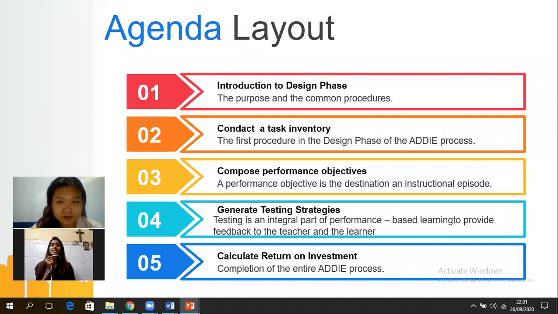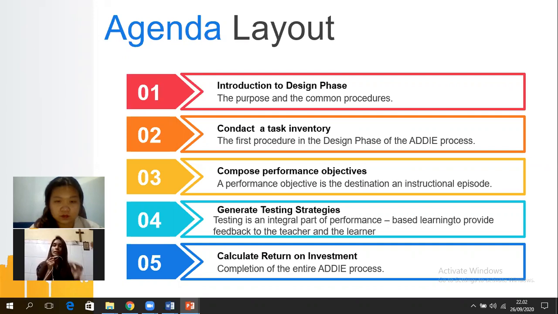Okay, so this is what we are going to talk about here. The first one is the introduction to design phase. This is about the purpose and the common procedures of the design phase. The second one is one of the procedures, which is to conduct a task inventory.